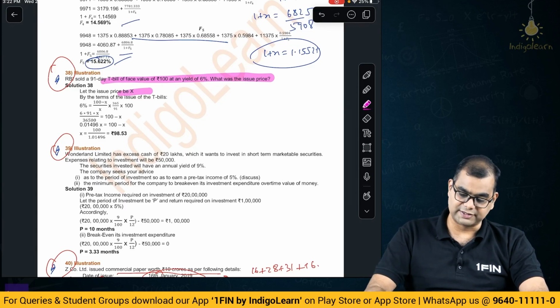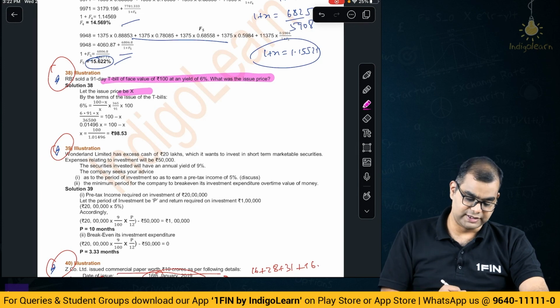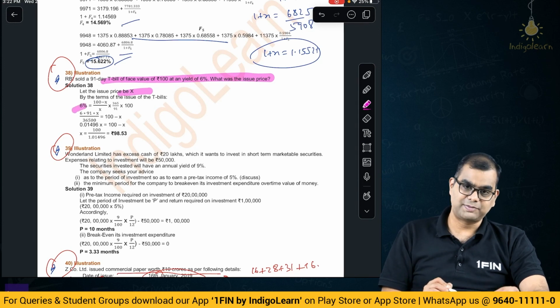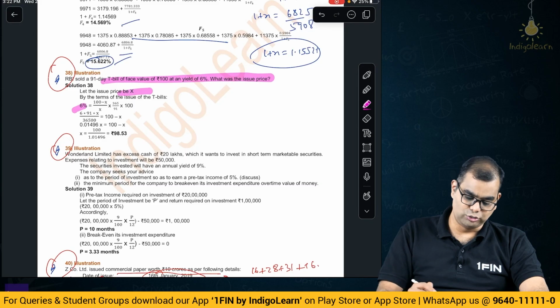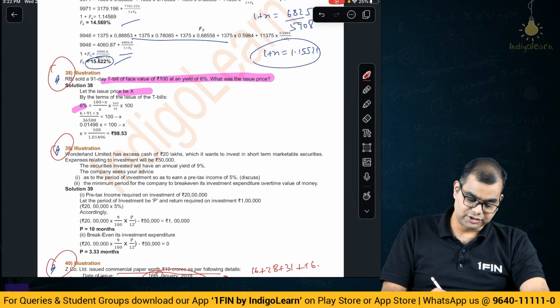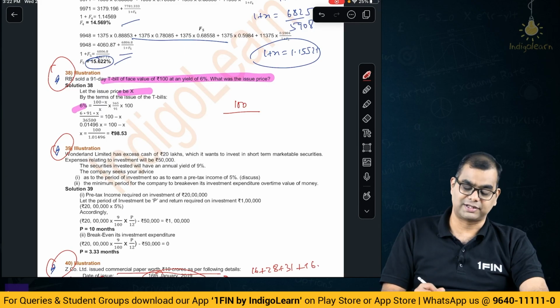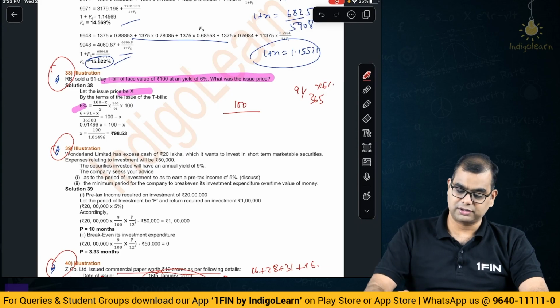So, you do the same thing like what we did in the previous problem. 6% is basically equal to 100 minus x by x into 365 by 91 into 100, or you can do it the reverse way, which is 100 divided by, for a 91-day T-bill at 6%, 91 by 365 into 6%, which comes to what? 91 divided by 365 into 6% to 100.